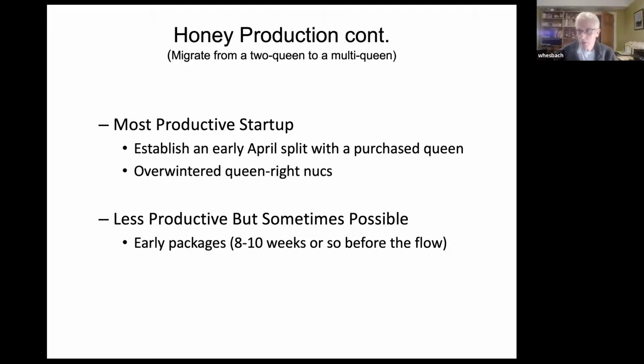So right away, if you have a large colony that comes into early spring and is robust, and you're going to have to do some swarm control on that anyway, and you want to try this multiple queen deal, you can make a nice early April split and purchase a queen, a California queen, or by April, we were actually able to get some queens here locally this year, in Connecticut at least, from my organization, the Connecticut Queen Breeders Cooperative.